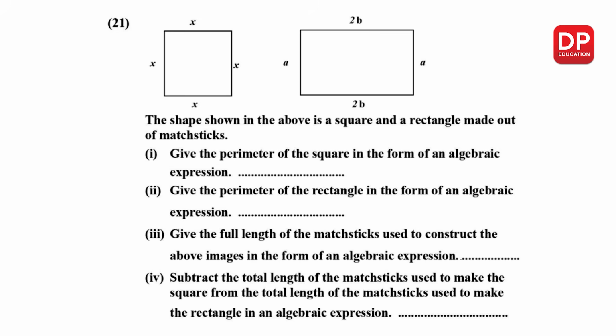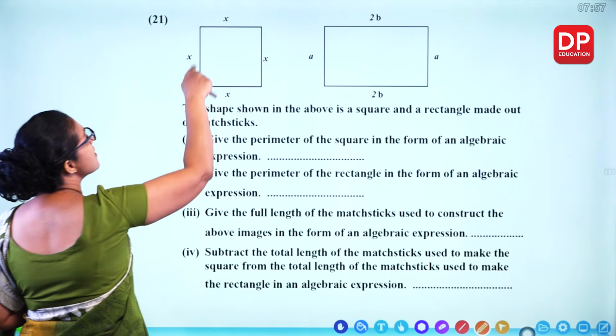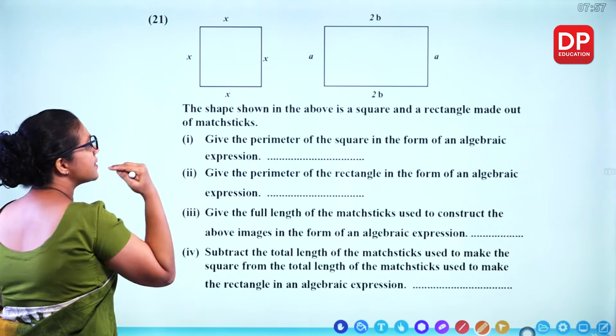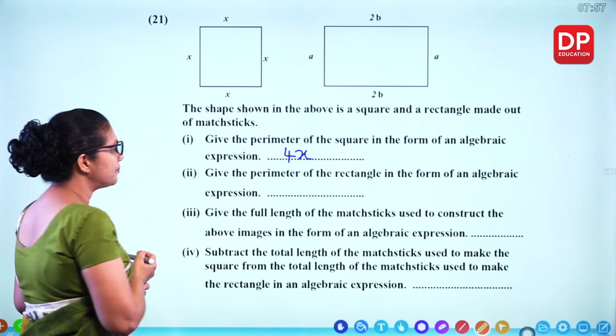The shape shown above is a square and a rectangle made out of matchsticks. Give the perimeter of the square in the form of an algebraic expression. One side is given as X. 4 sides are there, X plus X plus X plus X. What's the perimeter? 4X.